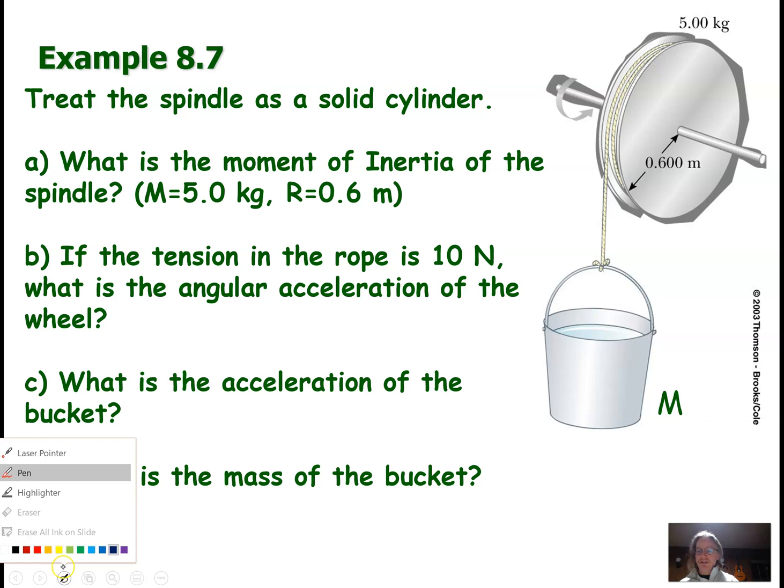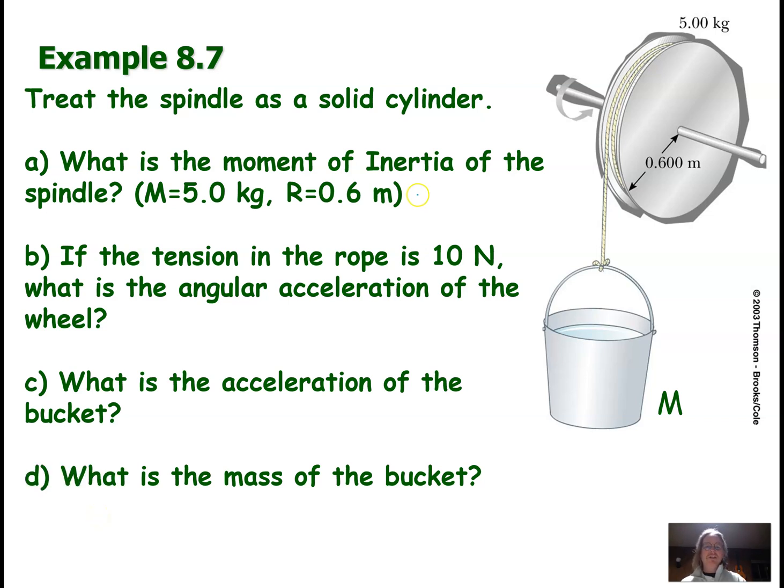So if we want to find the moment of inertia of that thing, let's go with blue on that. It's just going to be 1/2 mr squared. So all we have to do is 1/2 the mass, so it's going to be 1/2 the 5 kilograms times the radius, 0.6. Don't forget to square that thing, and zoom. There's your answer.